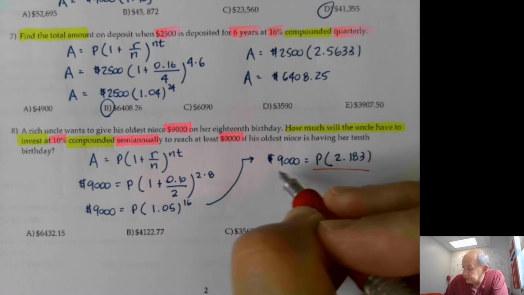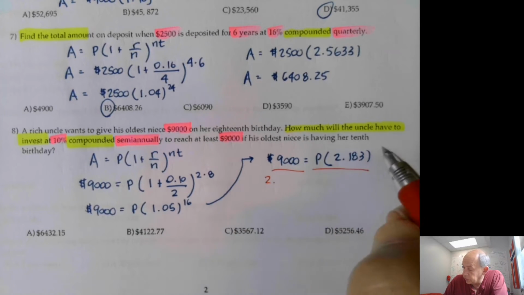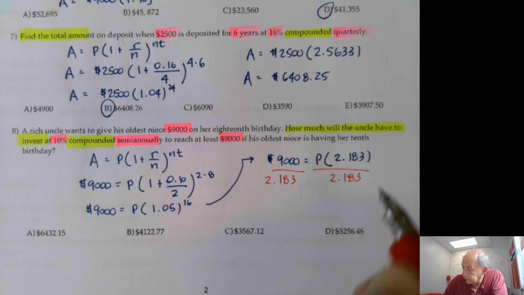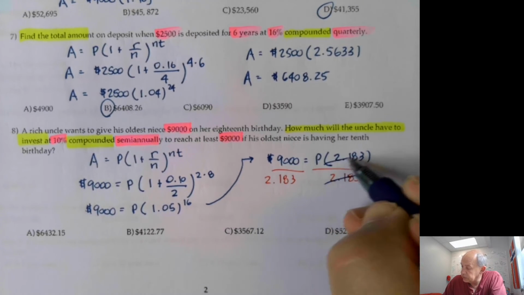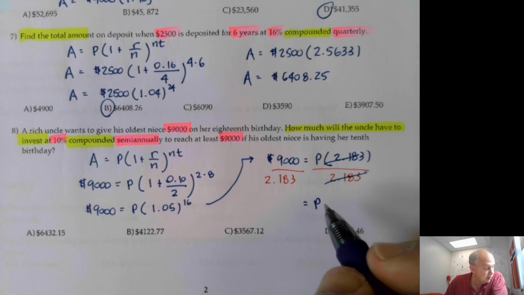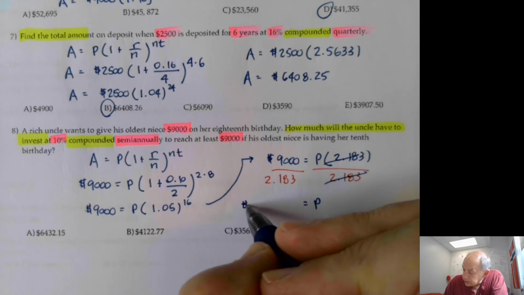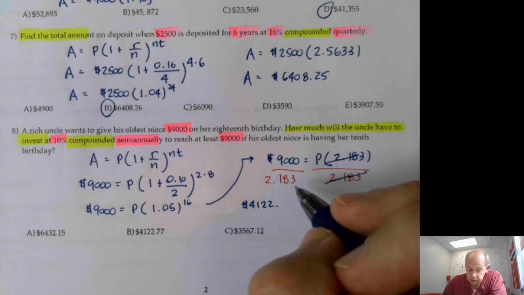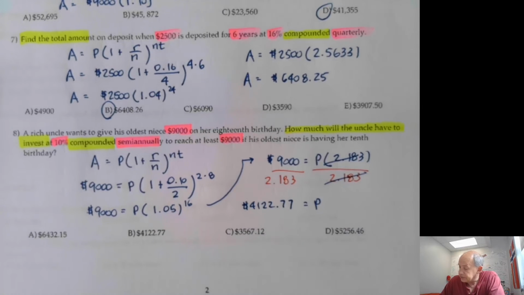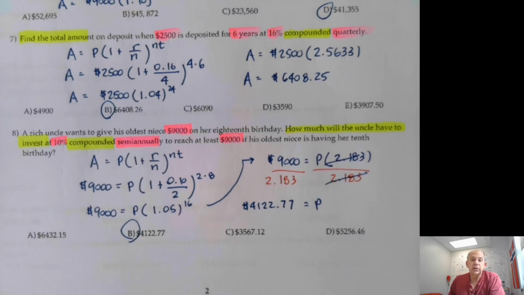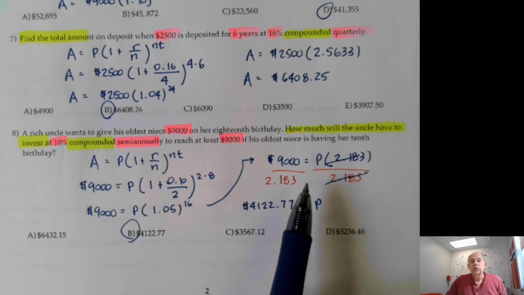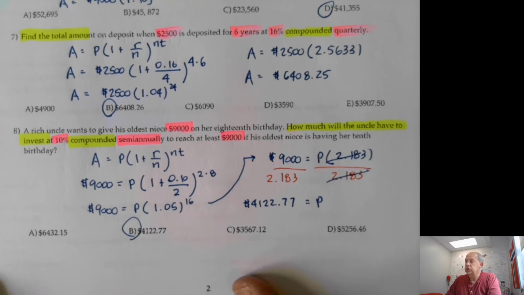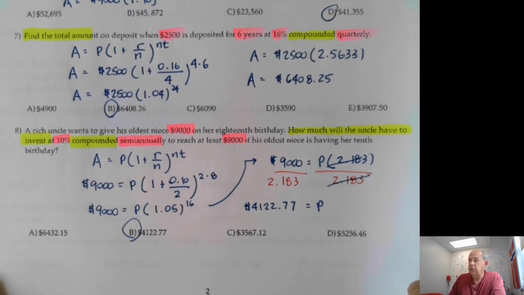Now, solving this algebraically, I divide both sides by 2.183, and that's going to cancel these two out and leave me with a value today the uncle has to go to the bank with: $4,122.77. My answer is choice B. So there's the present amount. The goal is $9,000 under these conditions for the niece's 18th birthday.